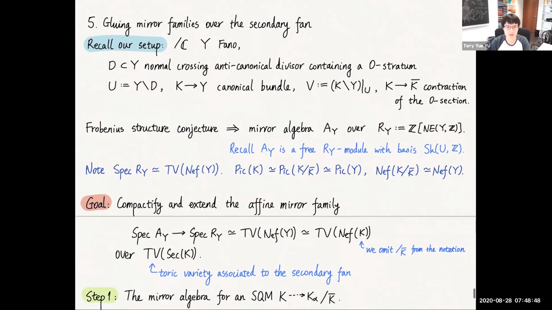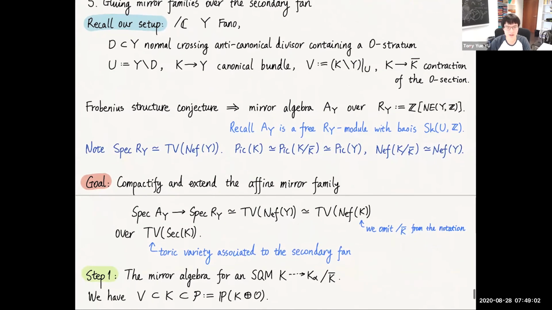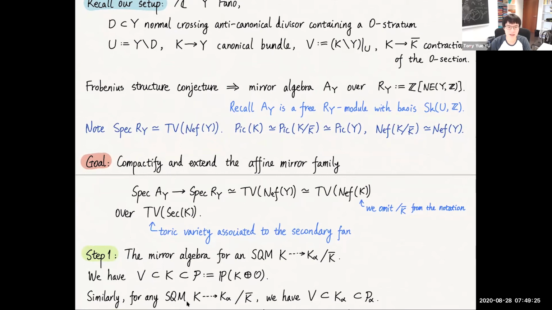In the first step, we consider the mirror family for any small birational modification K alpha of K. By our setup, K contains our log Calabi-Yau V, and it has a natural compactification given by the projective bundle associated to K direct sum O. And similarly, for any small birational modification K alpha, K alpha again contains our log Calabi-Yau.